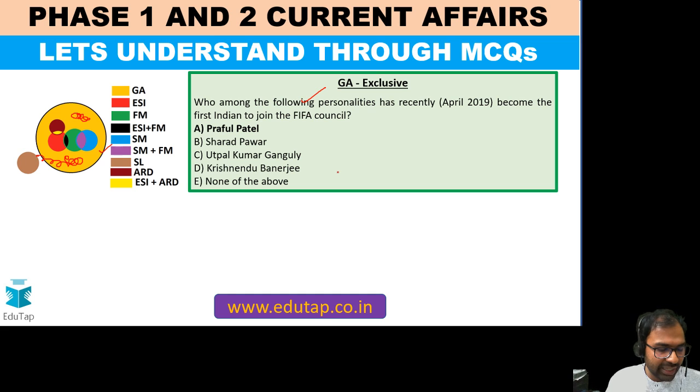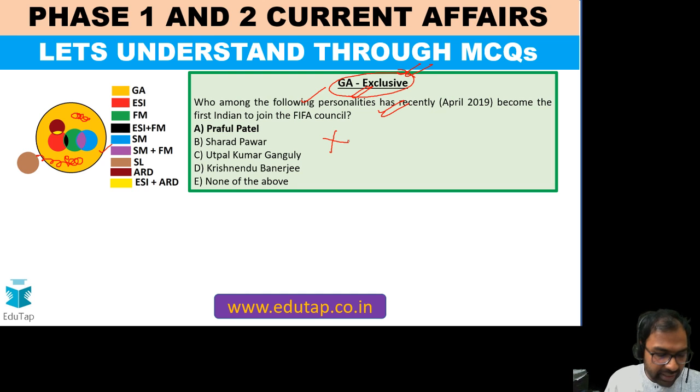Even books can be asked if they are related to finance or eco. Very good. So you cannot overgeneralize that books and authors cannot be asked. Books and authors can be asked in phase 2, provided they are linked with the syllabus topics of phase 2: ESI, FM, ARD, security market and law, any section. But this particular question is GA exclusive. Why exclusive? Because it can never ever be asked in phase 2.